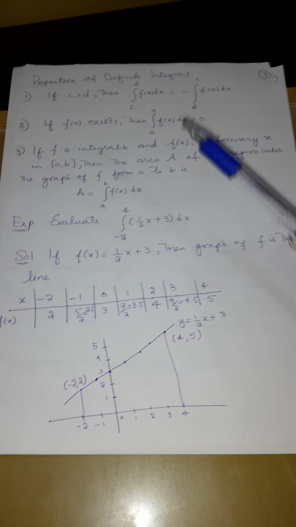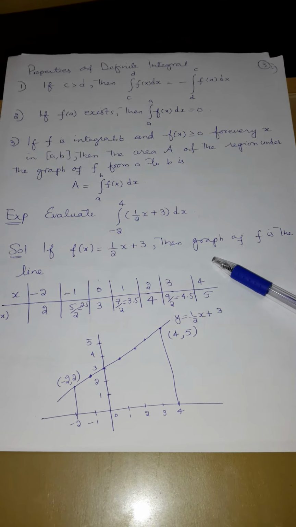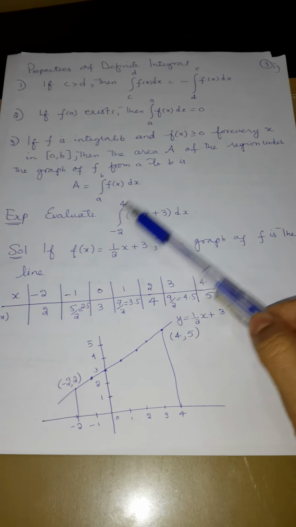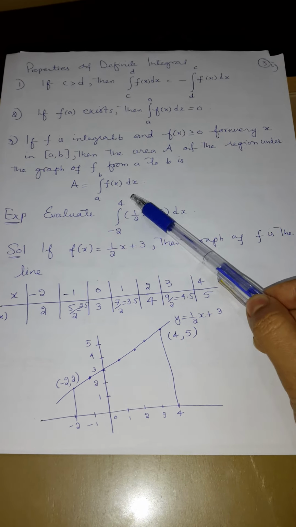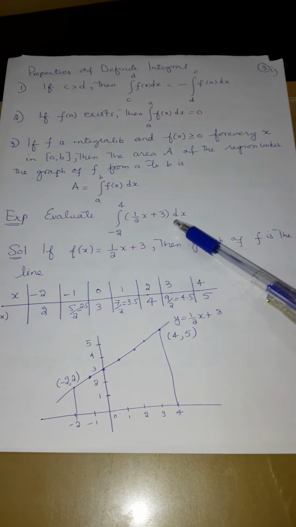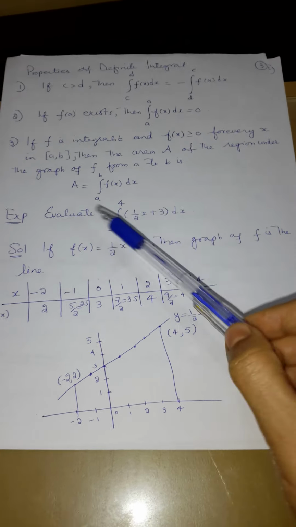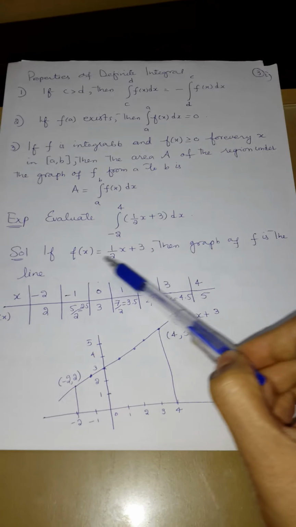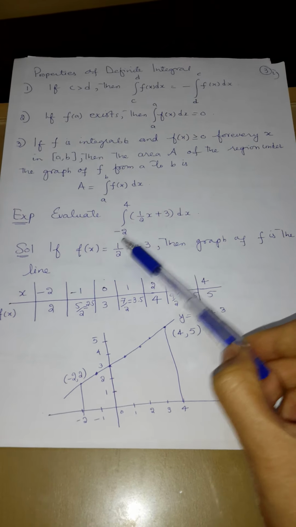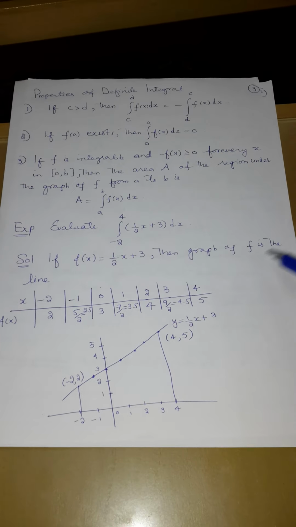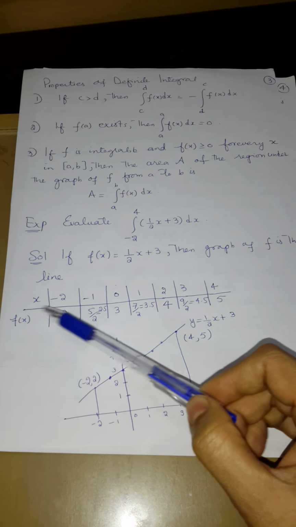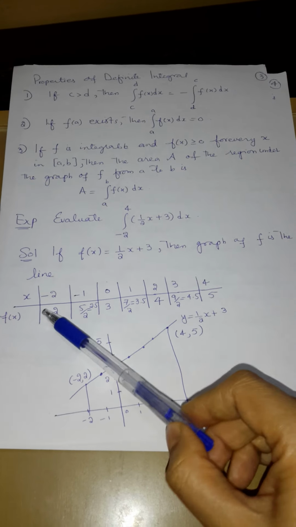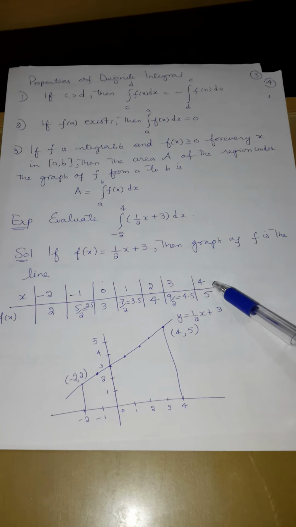Now we will explain this definition with the help of an example. Here we have the integral from -2 to 4 of (1/2 x plus 3) with respect to x. Now here we have the function 1/2 x plus 3. You can see it is a simple linear line. So first we draw the graph of the function, and for this we need some particular values from -2 to 4.